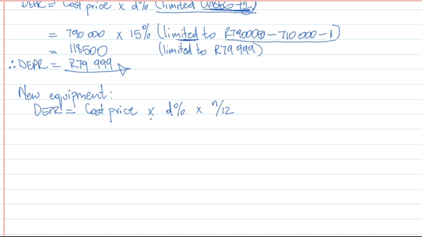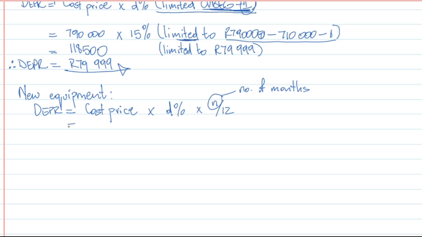Notice that there's no limit to the carrying value at the beginning here, because the asset was purchased during the year, so there's no value for carrying value at the beginning of the year. The n, when we say n over 12, is the number of months that have passed in the current year since the asset was purchased. So basically we want to prorata the depreciation to the number of months that the asset has been in our books during the current year. That's why we say n over 12.